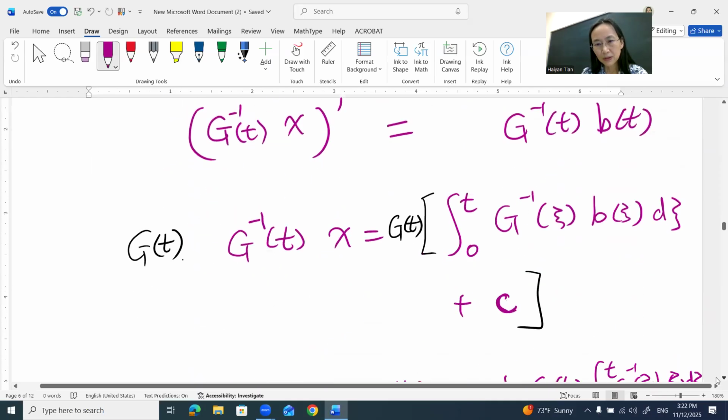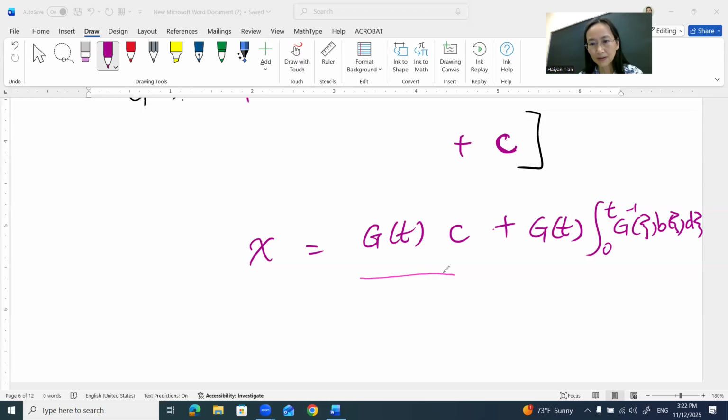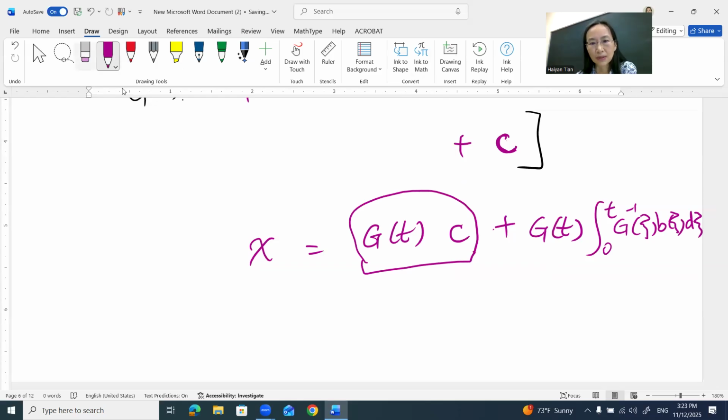The first part is a solution to the homogeneous problem: whatever column vector C you choose, this is always a homogeneous solution.